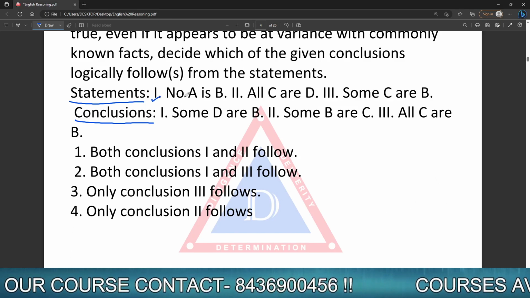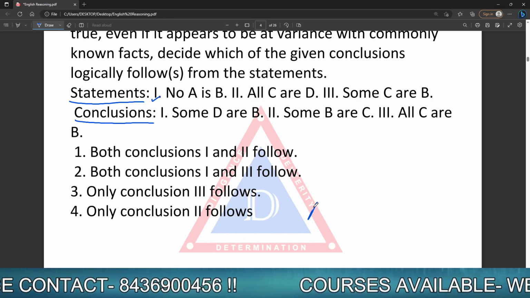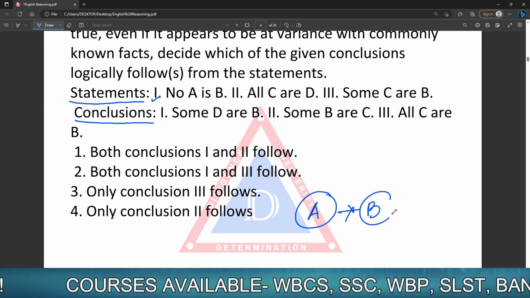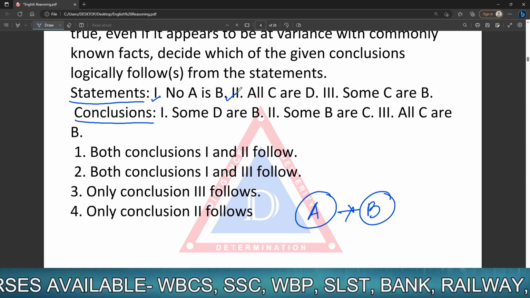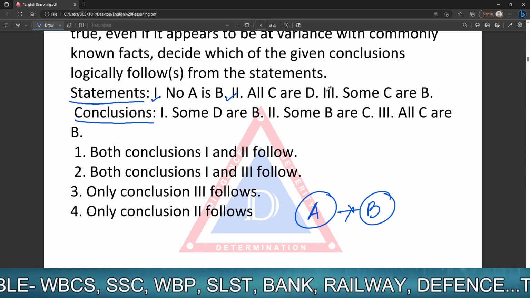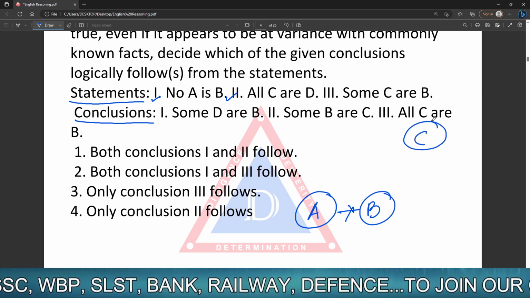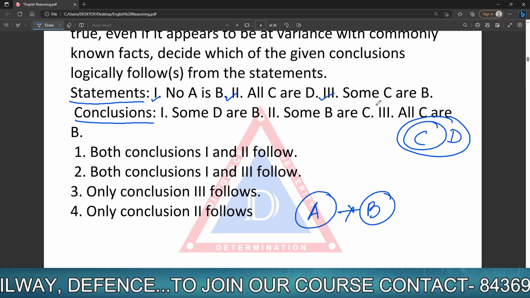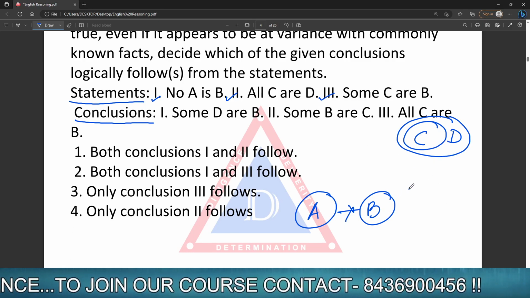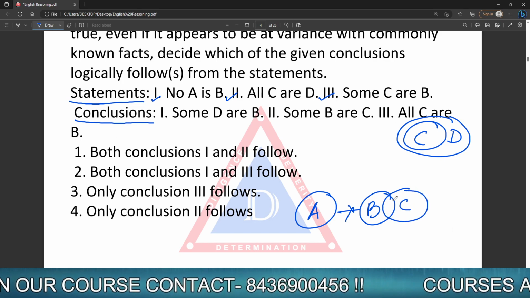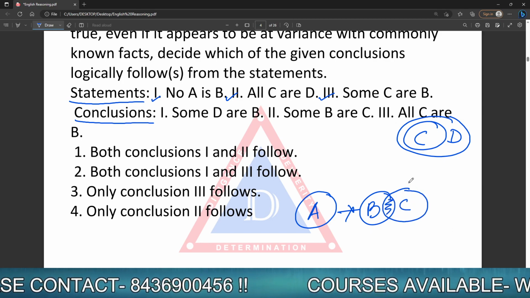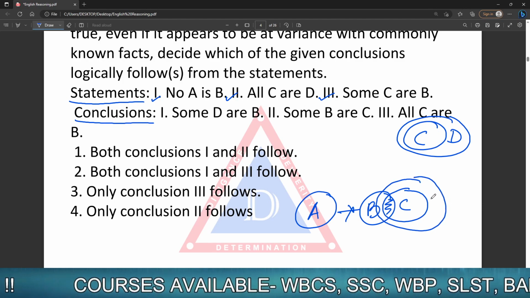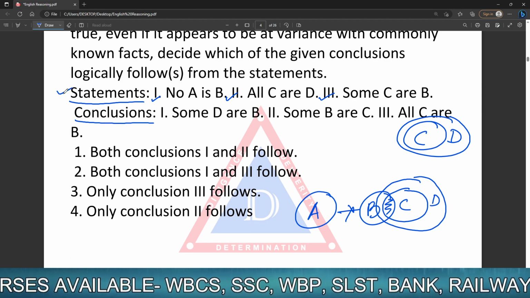The first statement says no A is B. So we can write no A is B. The second statement says all C are D. All C are part of D. And the third statement says some C are B. So we can write from here some C are B and all C are D. That means all part of C is D. So all the statements are done.